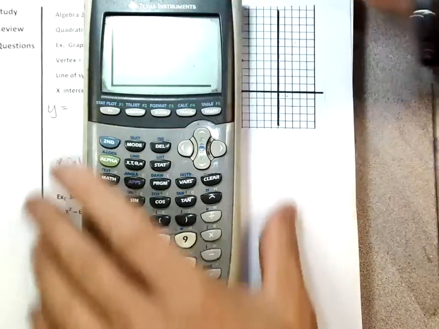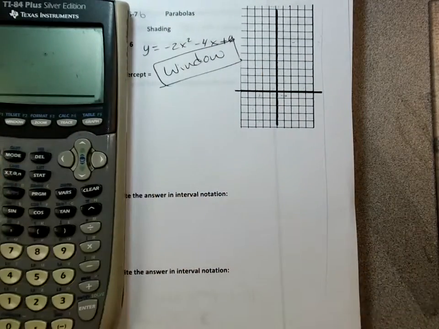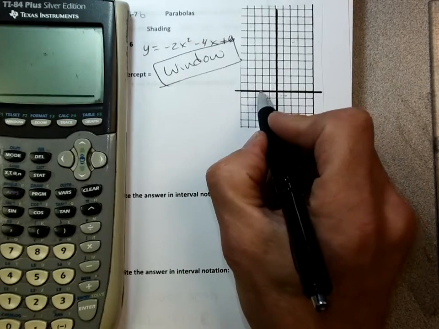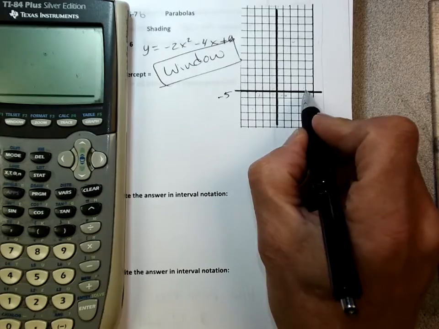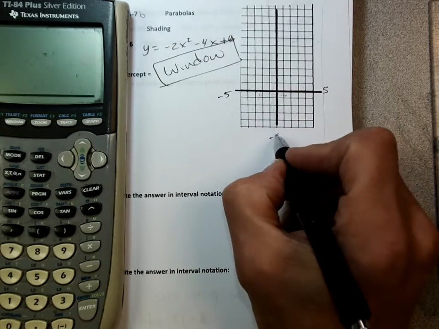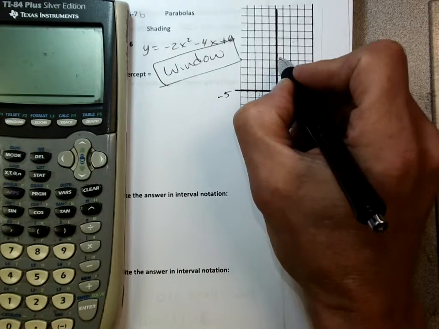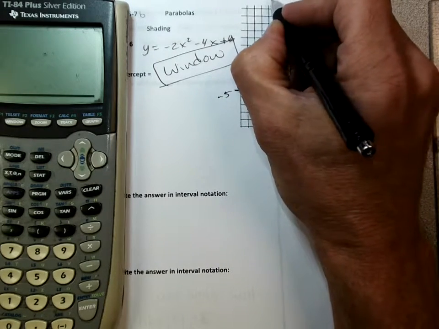So this window here fits this window there, right? So to do my window, what I've got in this graph looks like negative 5 to 1, 2, 3, 4, 5, 6, 7, 8, 9, 10, 11, maybe 12, okay?